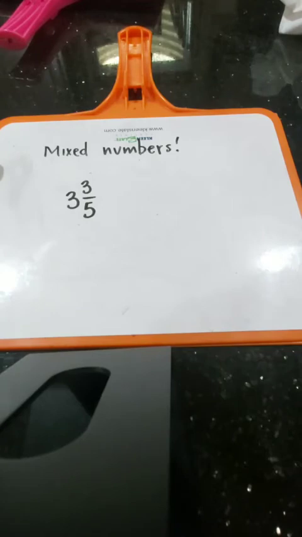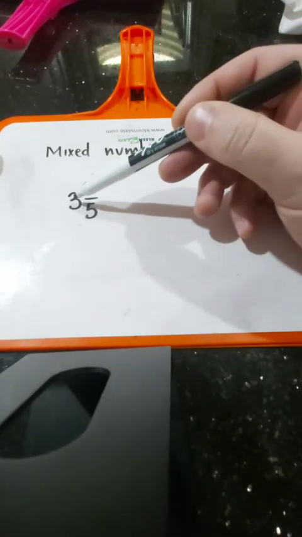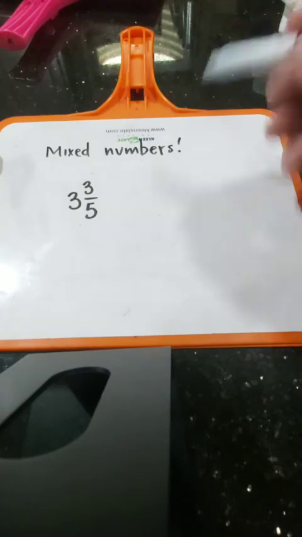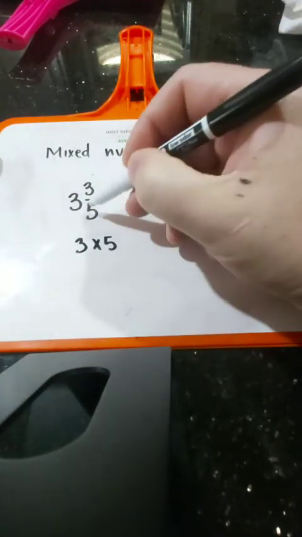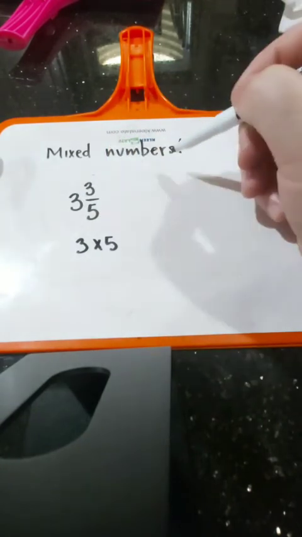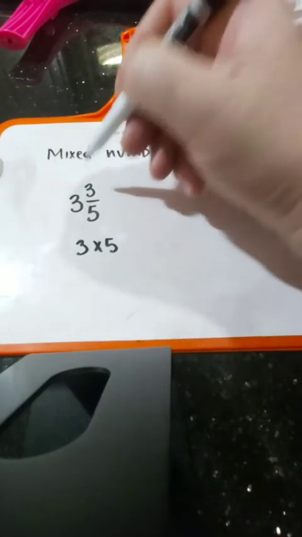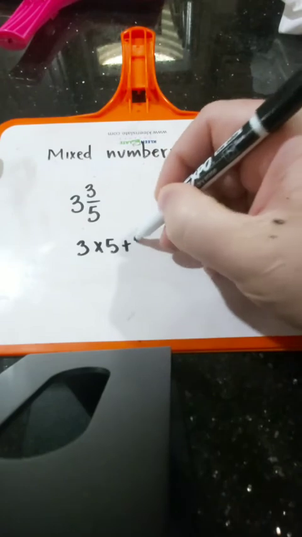Now we're going to convert it into an improper fraction, which is going to have a numerator that is larger than a denominator. So let's get to work. The first thing we're going to do is we're going to multiply 3 times 5. Okay? 3 times 5. This times this. The denominator times the whole number. Then we're going to add the numerator, which is this guy, the 3. Okay? So we're going to say plus 3.